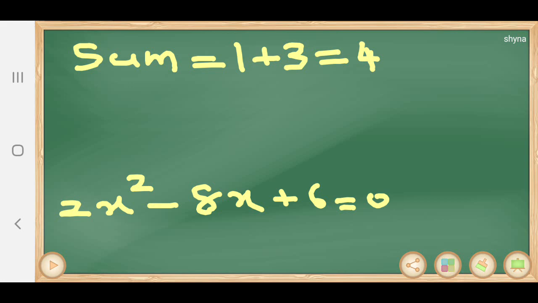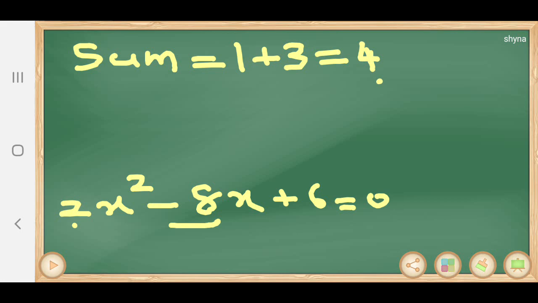Is there any chance? That means we have to get a number 4. Is there any chance, by dividing any two coefficients, to get 4? Can you find out? Yes, 8 by 2 equal to 4. But here not only 8, minus 8 is the coefficient of x.